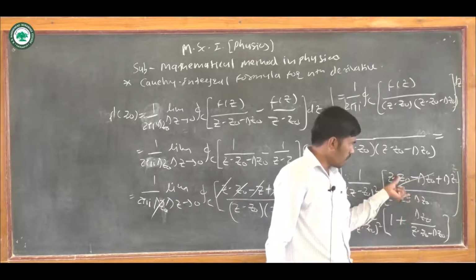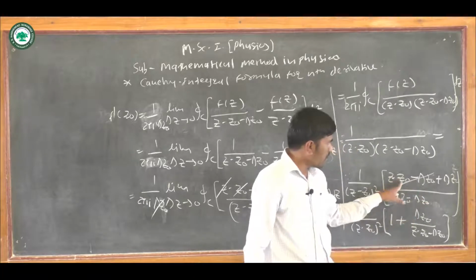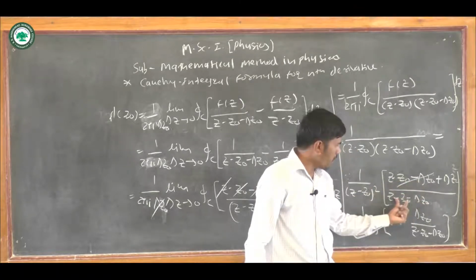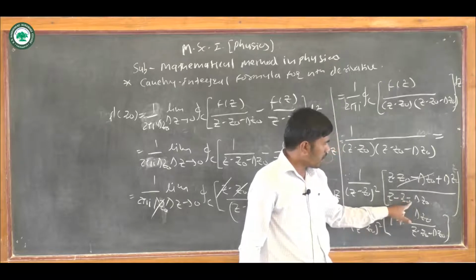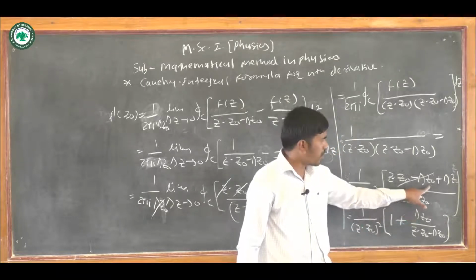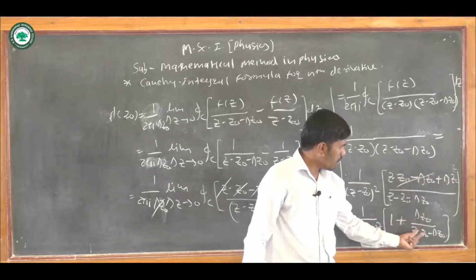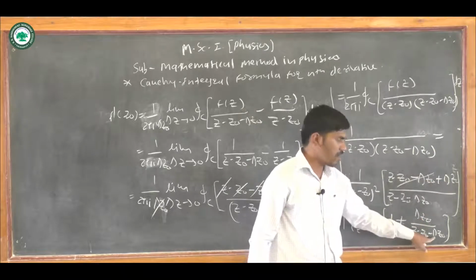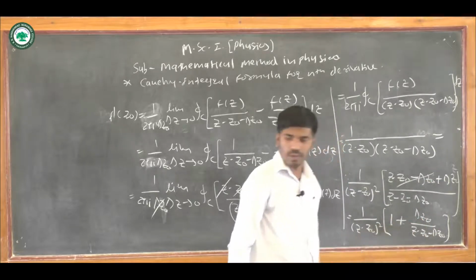So here there are two terms: one is z minus z naught minus del z naught divided by z minus z naught minus del z naught, and the other is plus del z naught divided by z minus z naught minus del z naught. Okay, so here we get the two terms.